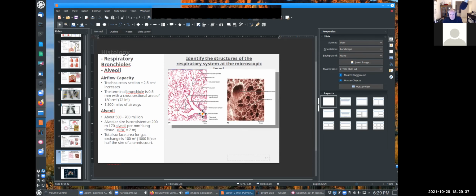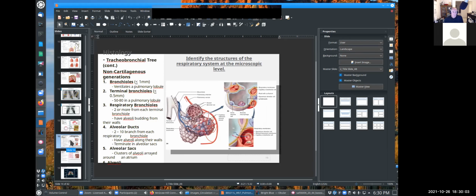There's a bronchiole, terminal bronchiole, alveolar sac, and pretty much everything starts to look like an alveola at that point almost. But alveolar sacs are just clusters of alveoli around kind of a central atrium. And then alveoli, that's the last division, of course.